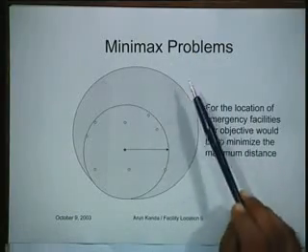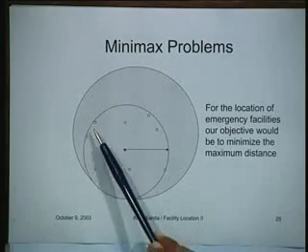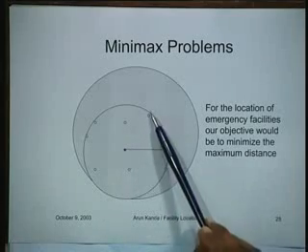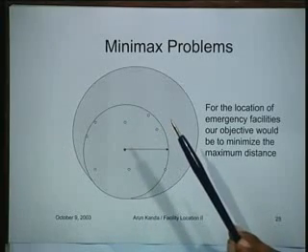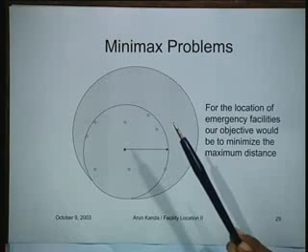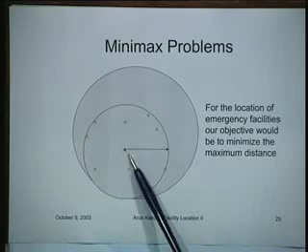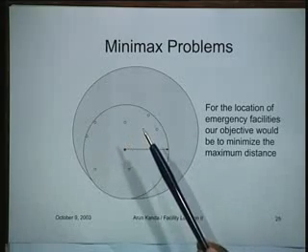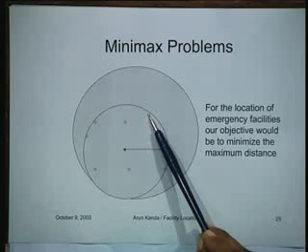Now in many instances, especially in emergency location problems, it's not appropriate to think of a minisum objective. It's better to think in terms of what we call a minimax objective. For instance, if these are the residences of different people in different localities, and you're trying to find the location of a fire station, the location should not be such that the total cost should be minimum, because when a fire breaks out, the fire tender has to run to that particular place.